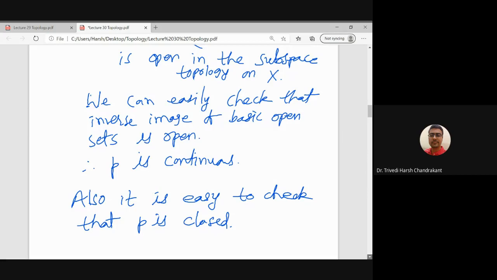The same way we checked that the inverse image of an open set is open, we can also check that the image of a basic closed set is closed, and that will give us that the function is closed.